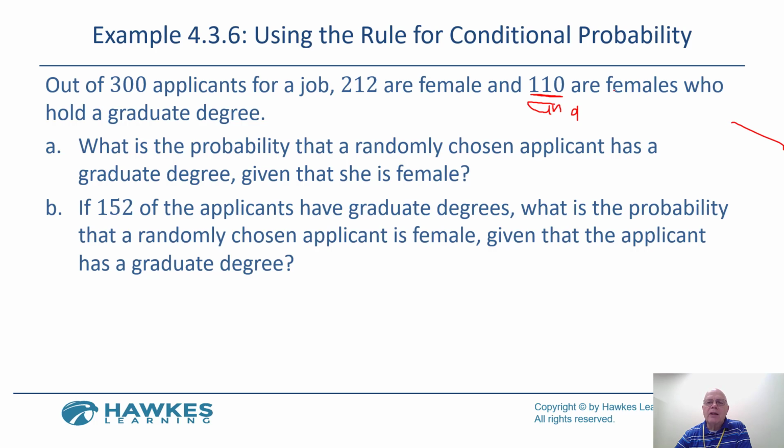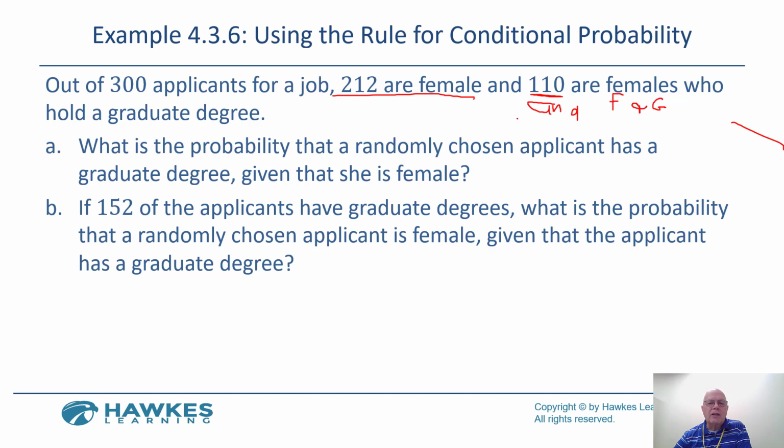This is 110 females who also have graduate degrees. Female and graduate degrees. And this is just the probability of, this will be the number of females.